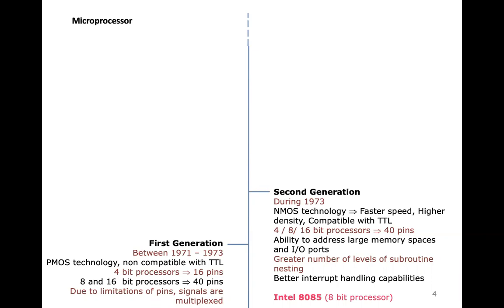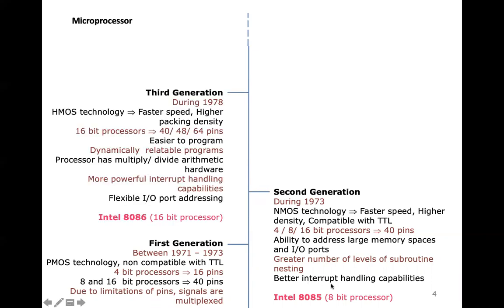The popular microprocessor of this generation is the Intel 8085 microprocessor. This is an 8-bit processor.